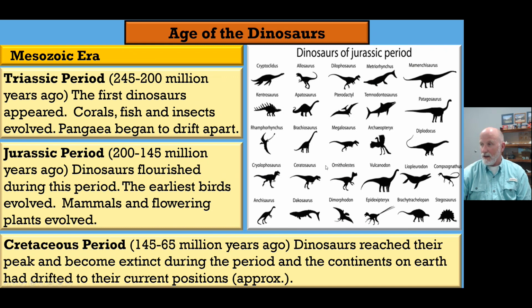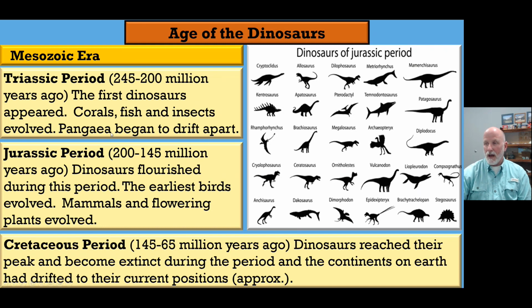The Allosaurus, I think they really showed in Jurassic Park. Pterodactyl, Megalosaurus, they showed on there quite a bit. If you just kind of show them, and this is just black and white ones, you can find a lot better ones online.